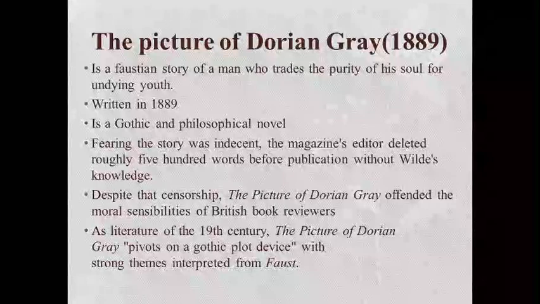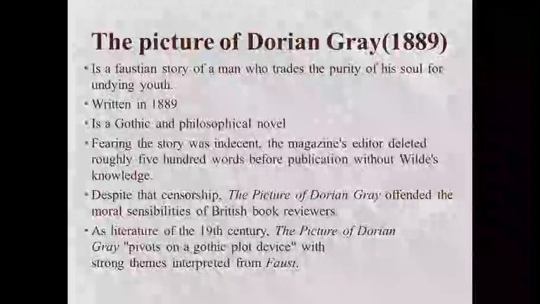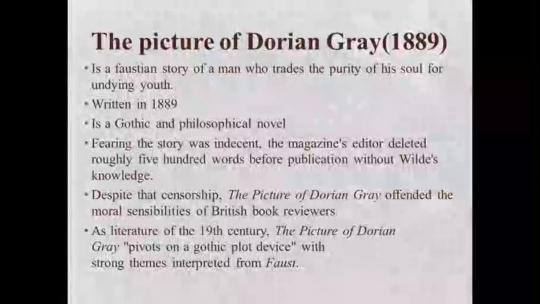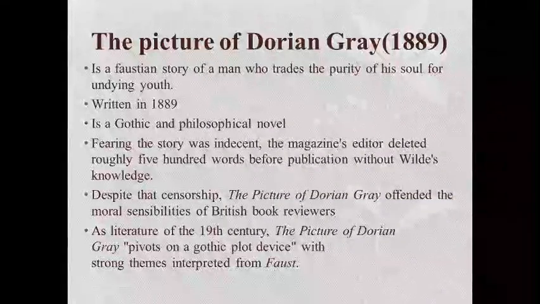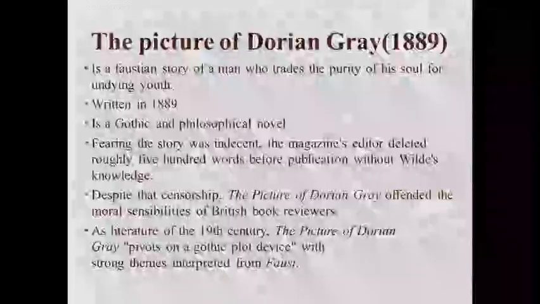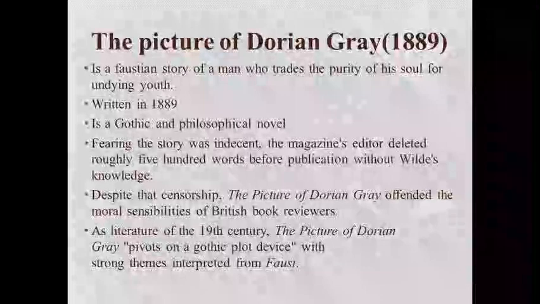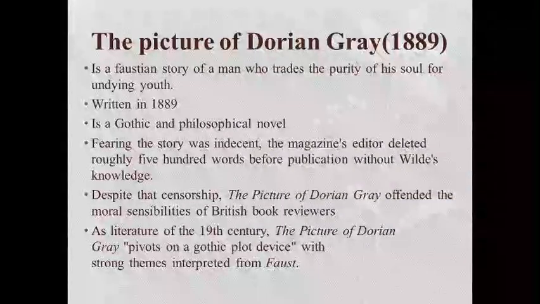So this is the Gothic and philosophical novel by Oscar Wilde, first published complete in July 1890. Fearing the story was indecent, the magazine's editor deleted roughly 500 words before publication without Wilde's knowledge.